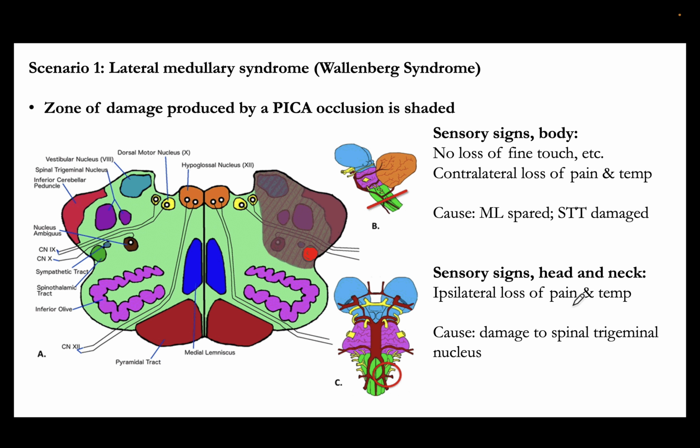In terms of the head and neck, we have ipsilateral loss of pain and temperature, not due to a tract this time, but due to nuclear damage. So we have damage to the spinal trigeminal nucleus, which is here and here. And this is illustrative of that phenomenon in the brainstem, right? So contralateral loss of pain and temperature in the body, ipsilateral loss of pain and temperature in the head and neck.